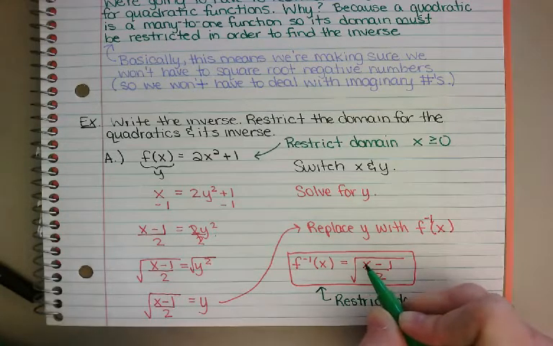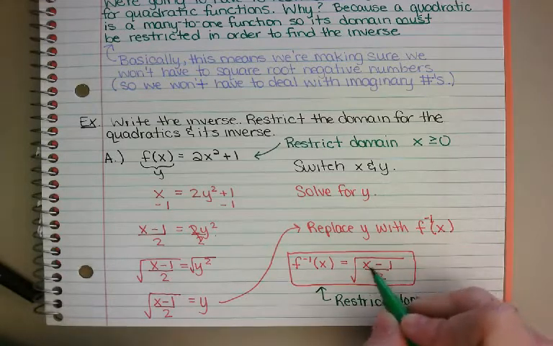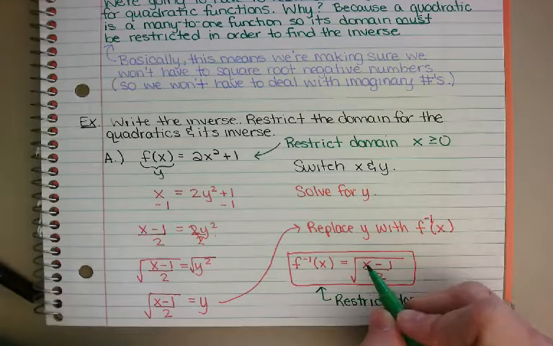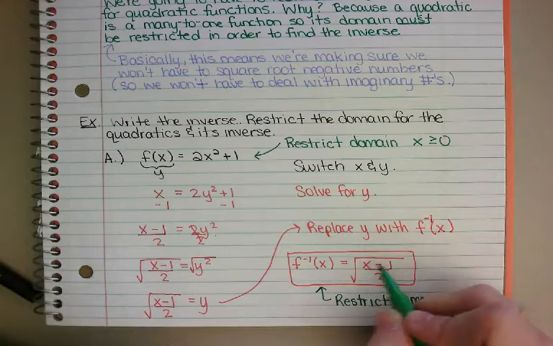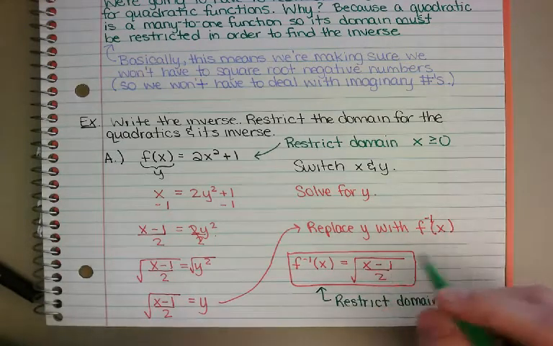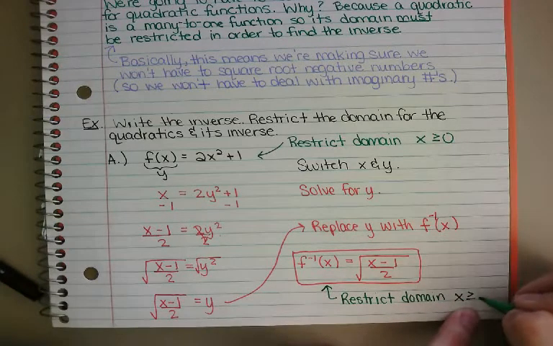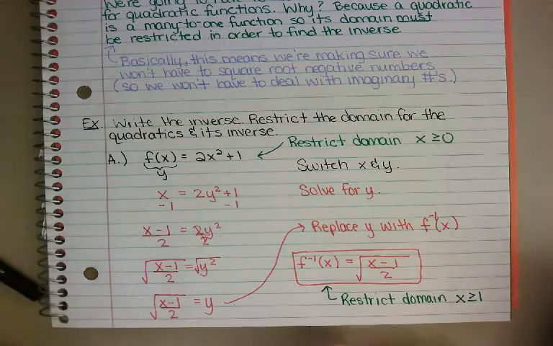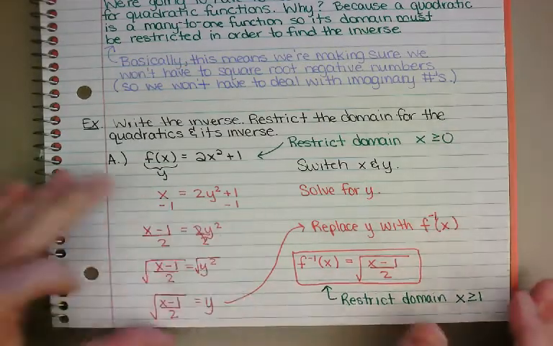So I don't want to have a negative 1 in there. If I plug a negative 2 in there, negative 2 minus 1 is negative 3, divided by 2 is still a negative, so I don't want negative 2 or negative 3. Let's say if I plug in a 1. 1 minus 1 is 0, and 0 is not a negative number. So we're going to restrict the domain. We want the x's to be greater than or equal to 1 so that we don't get those imaginary numbers.